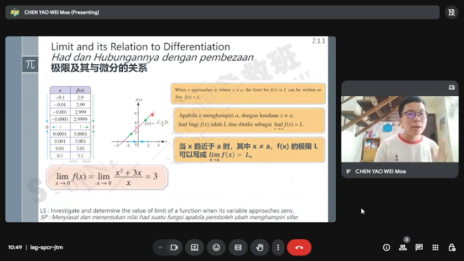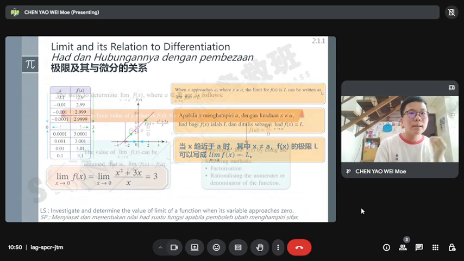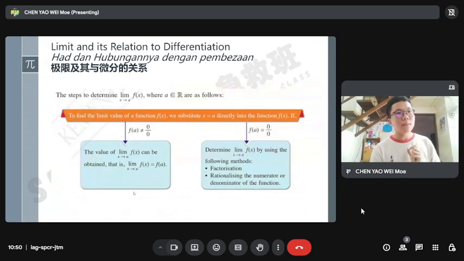When you want to do questions about limits, you need to know how to determine the limit of a function. For example, to find the limit value of a function f(x), we just need to substitute x equal to a, when f(a) is not equal to 0 over 0.